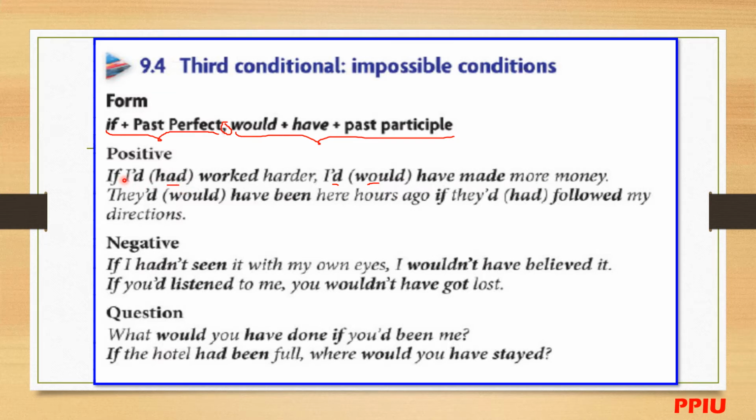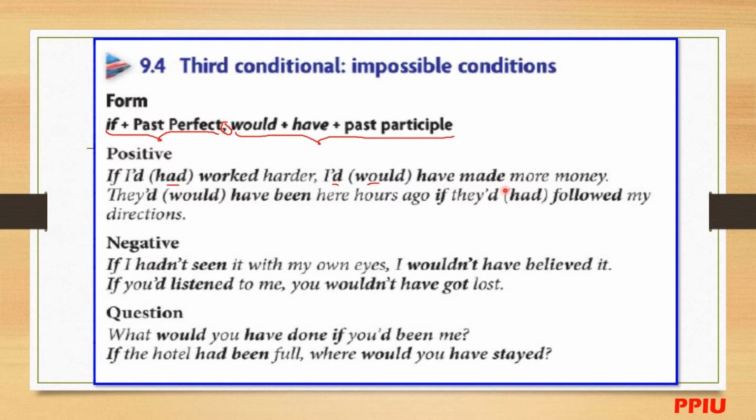So if I'd worked harder, I'd have made more money. Is it possible that the speaker can make more money? Not really. It is opposite to the true thing in the past. It means the speaker did not work harder.